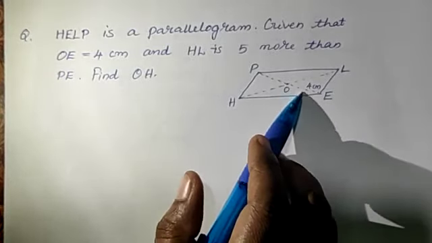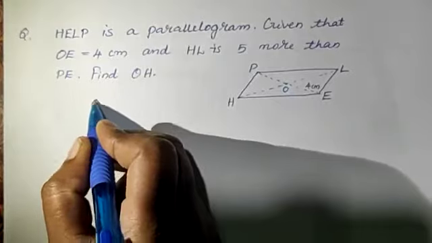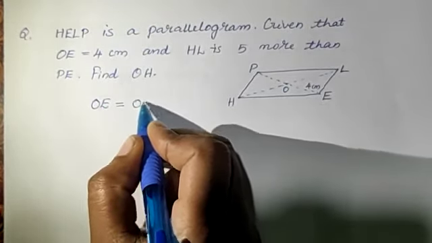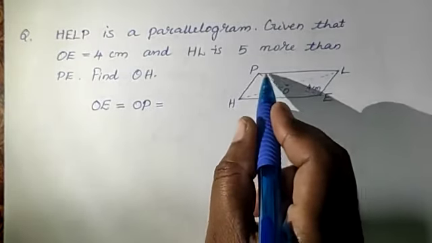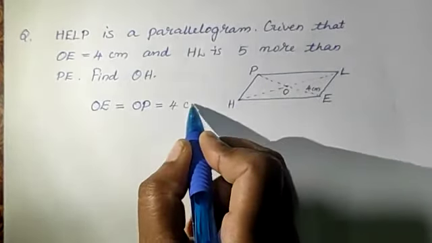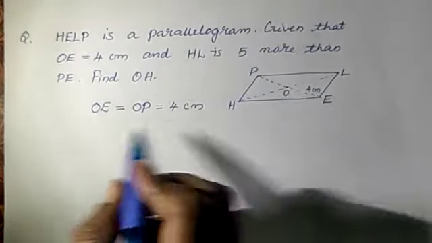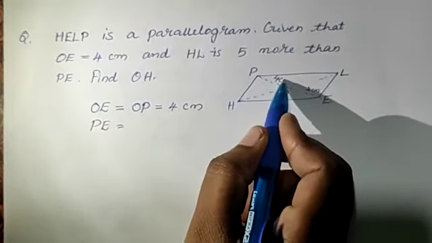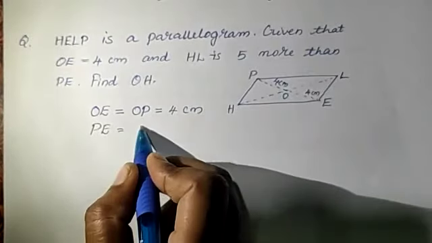That means OE is equal to OP. So, OP is also 4 cm. And PE is 4 plus 4, 8 cm.